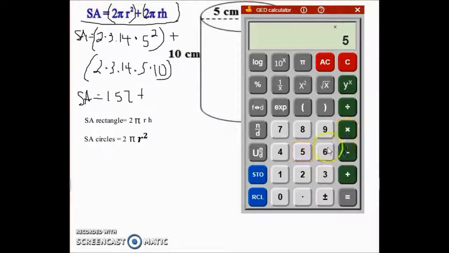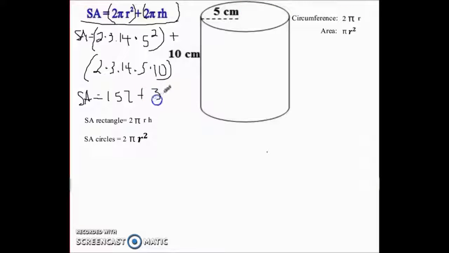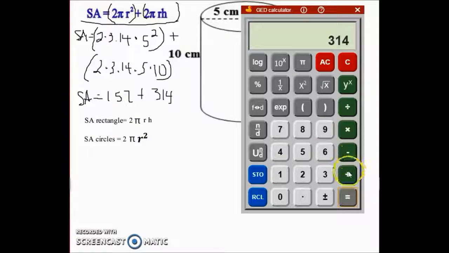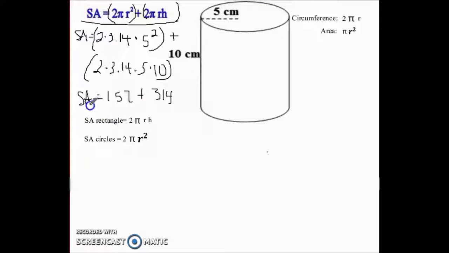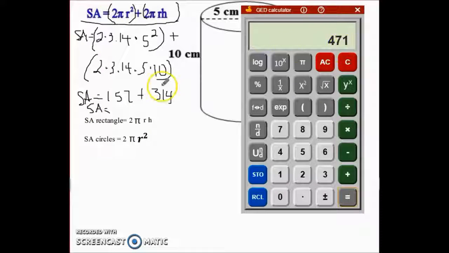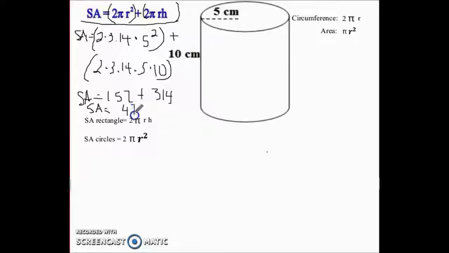That equals 314. When we add 314 plus 157, we get 471. So the surface area of this cylinder is 471 centimeters squared.